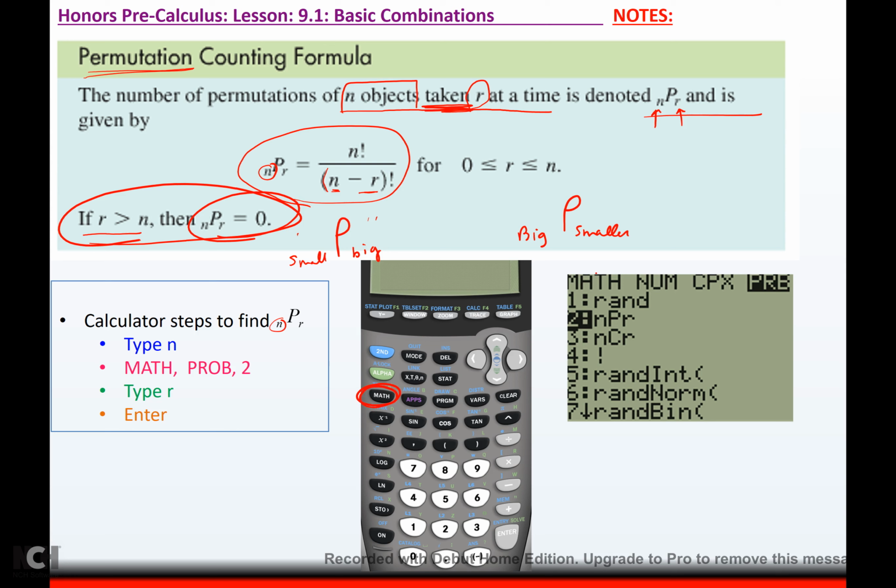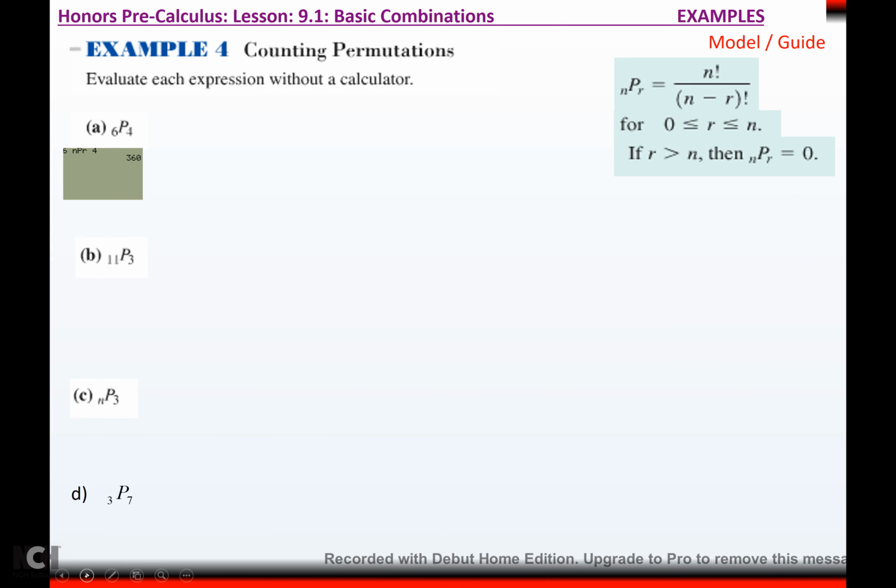You're going to arrow over. This screen will come up, but math will be black. So you're going to arrow over until probability is highlighted, and then these choices come up. And obviously you're going to choose number 2. So you hit your math key, arrow over to prob, hit 2, and that will bring up the right screen, and then you type your r value and hit enter.